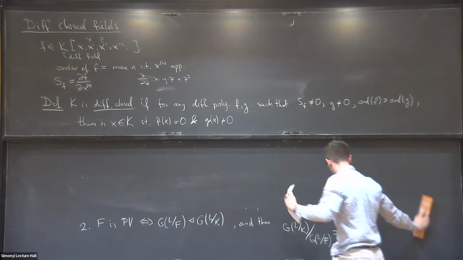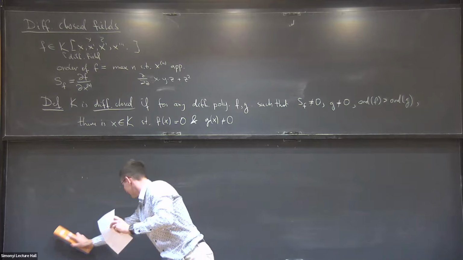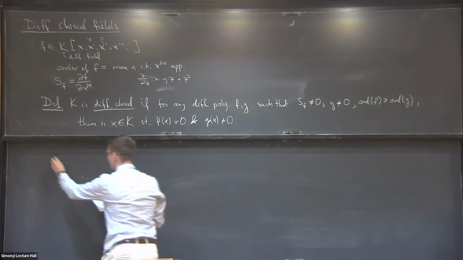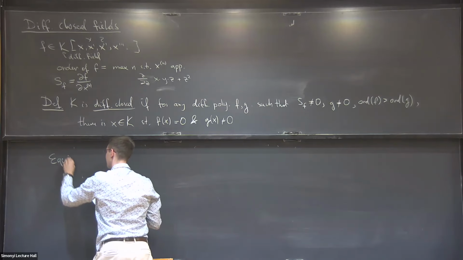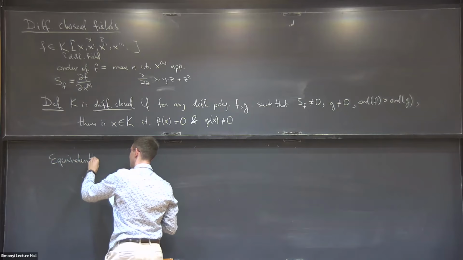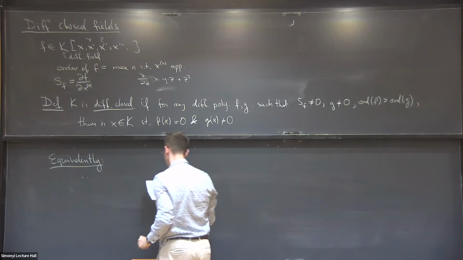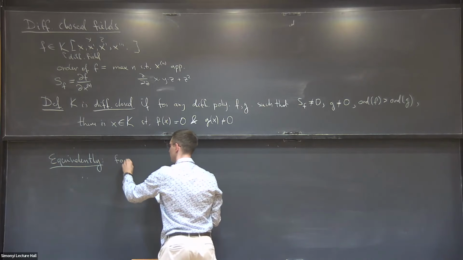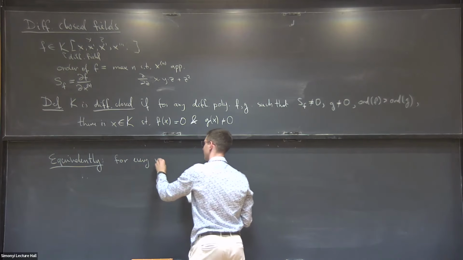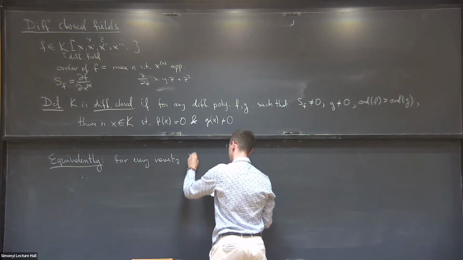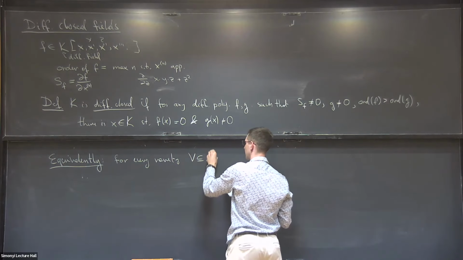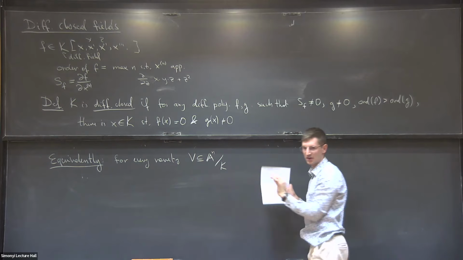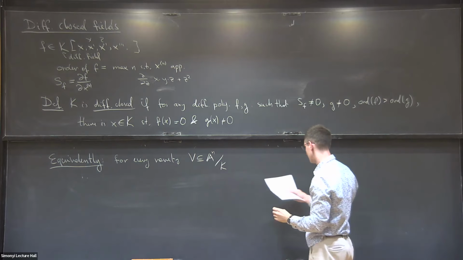So equivalently, and this is maybe with more geometry, for every variety V inside A^n over K. So here I'm just talking about polynomial equations.